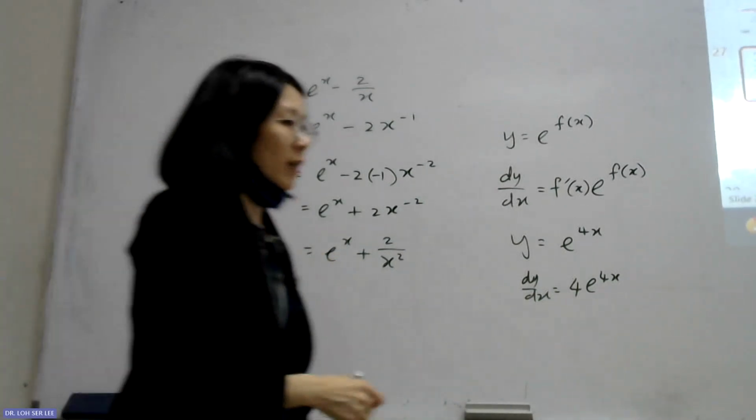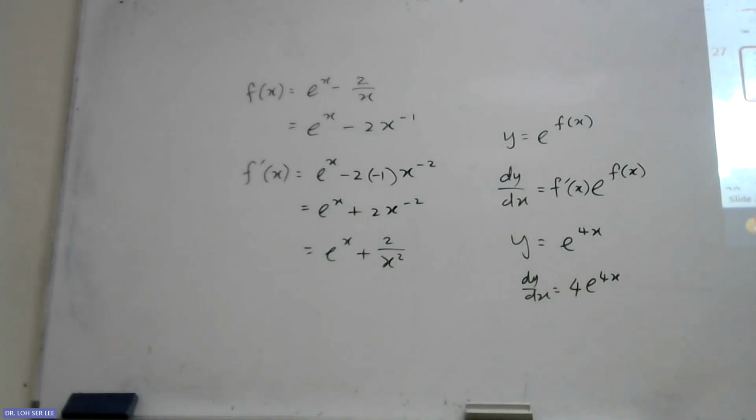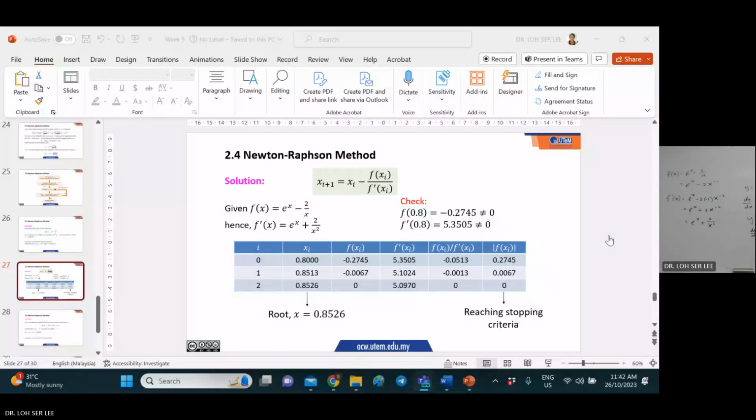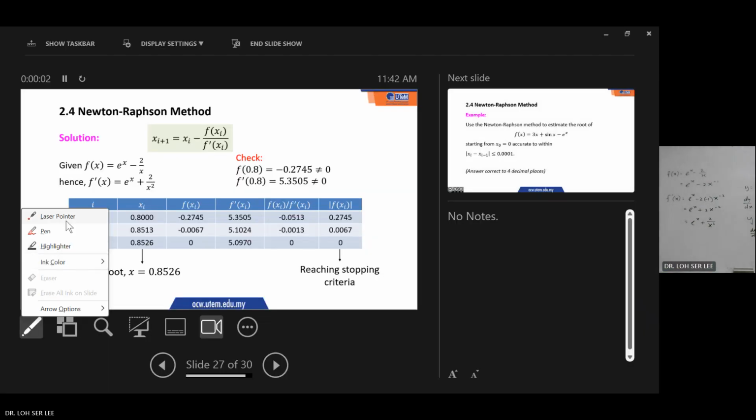Once you get your f prime, you can construct the table. So this is what you need.